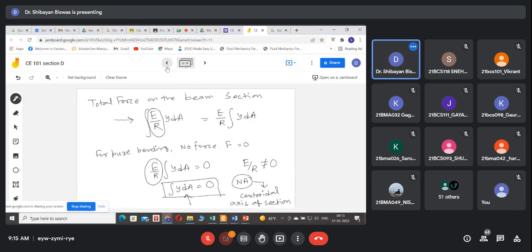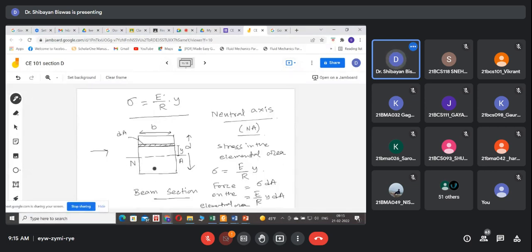Say this is a beam section here. If we know the centroidal axis of this beam section, that is nothing but the neutral axis of this beam section.